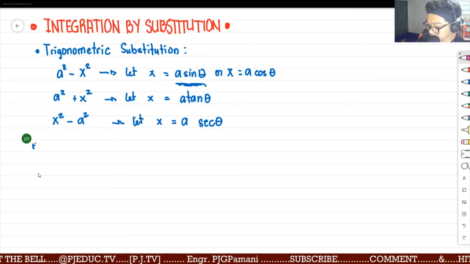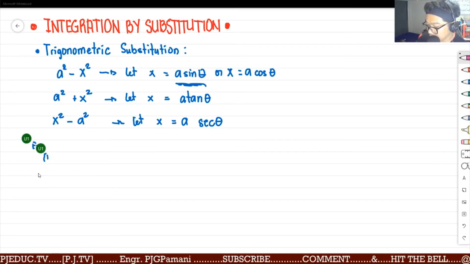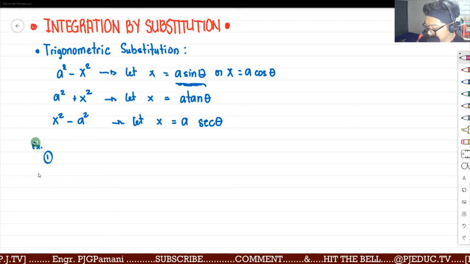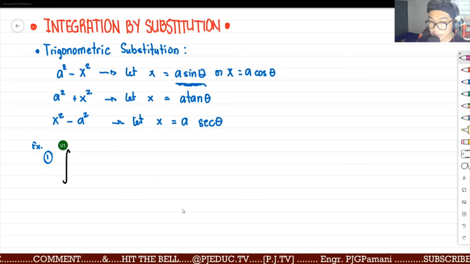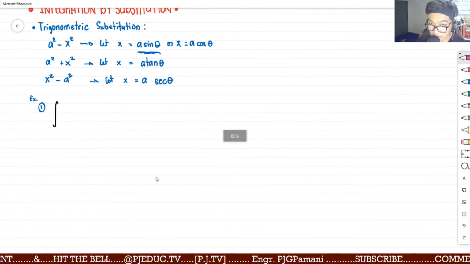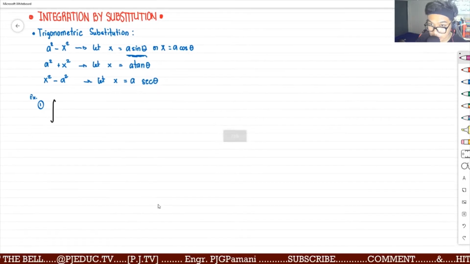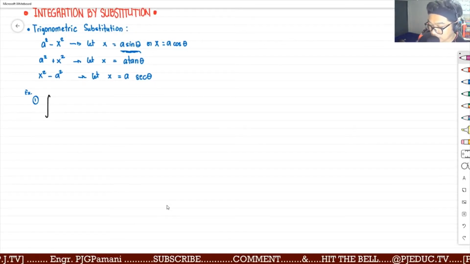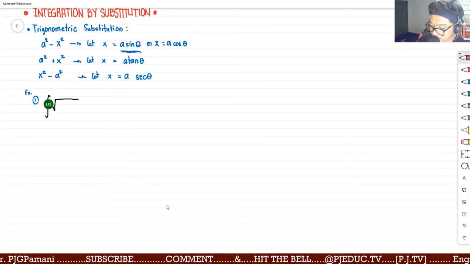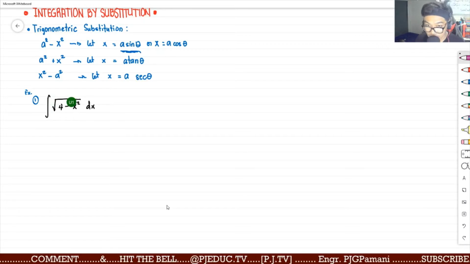So our example number 1. What if you're asked to evaluate the indefinite integral of 4 minus x squared dx?